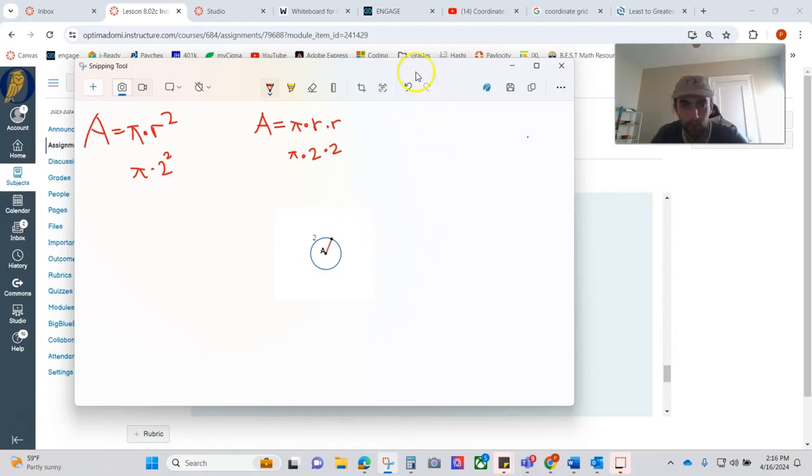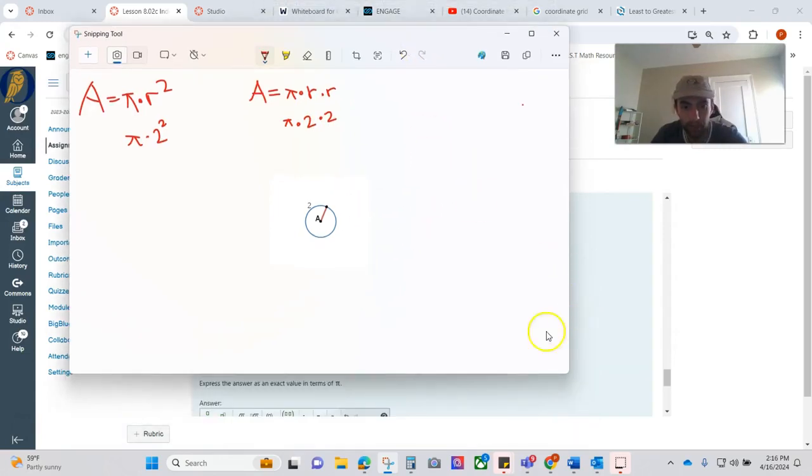Now this question wants us to type the exact answer in terms of pi. When we multiply a number by pi, we have to round, meaning we're not getting an exact answer. This question wants an exact answer, which means we can't round.